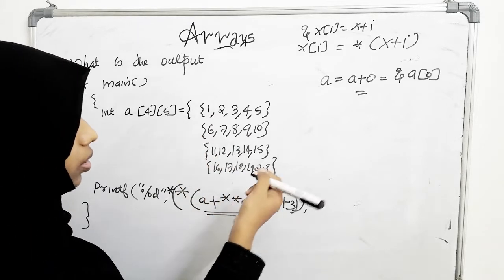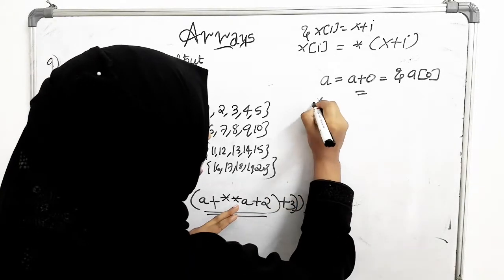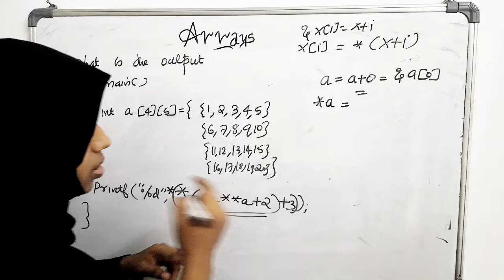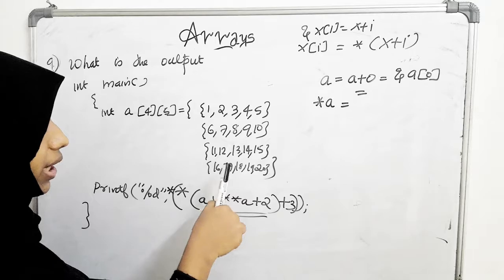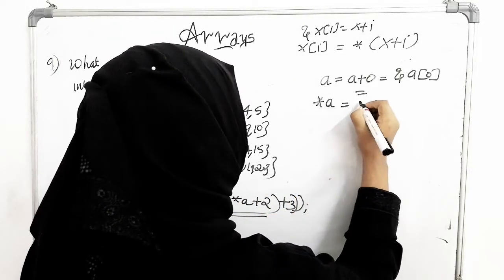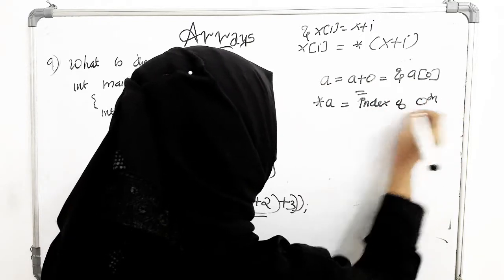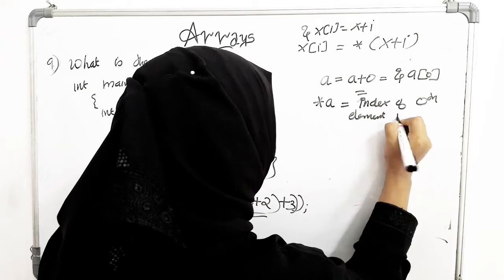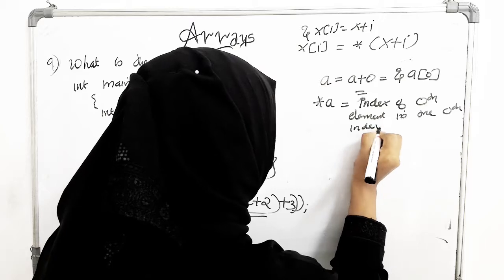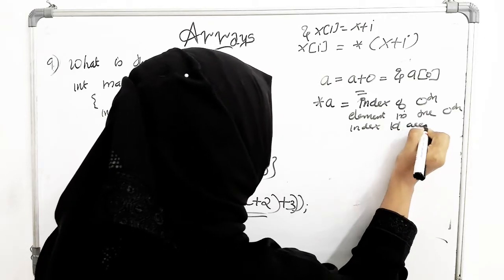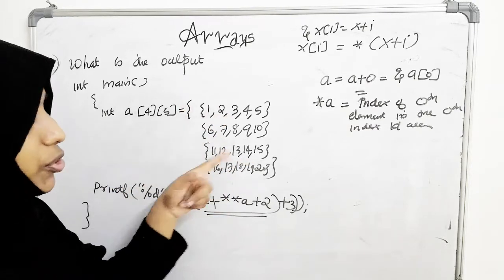Now if you are giving star A, when it comes to a 2D array, star A means the address of the 0th element in the 0th index 1D array, because in case of 2D arrays we have to dereference to the individual arrays also.